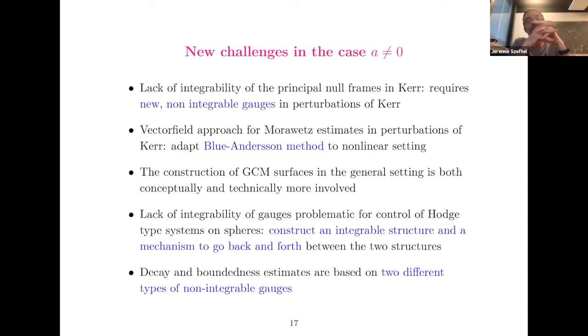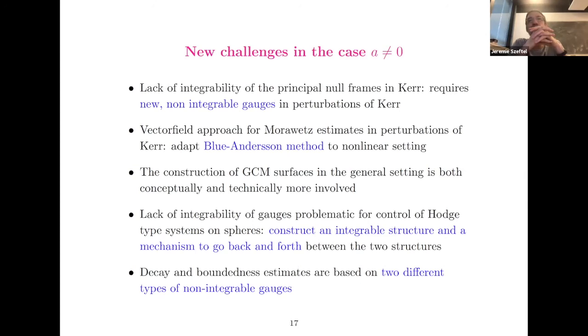And now let me mention another difficulty you have to face. Again, remember that there are two types of estimates. There are decay estimates, and there are energy estimates. Decay estimates are typically for a low number of derivatives, so you can lose derivatives there. It's not a problem. But for boundedness or for top energy, the top derivatives, you're not allowed to lose derivatives. So this is another issue, because the kind of non-integrable frames that we construct that are suitable for decay do lose derivatives.